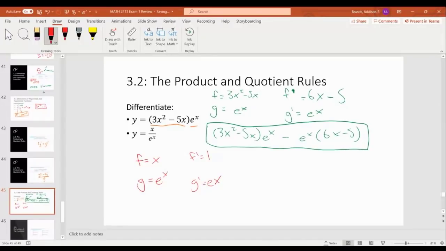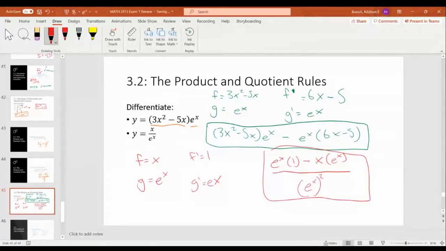So that one will be the bottom one times the derivative of the top one, minus the top times the derivative of the bottom, all over the bottom one squared. And that's how you would take the derivative for that one.